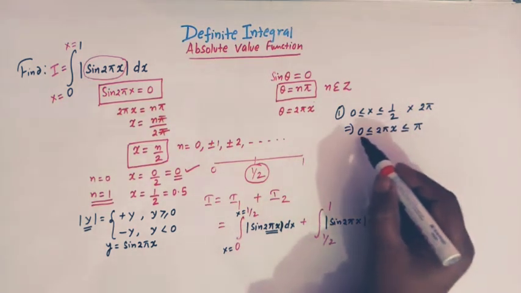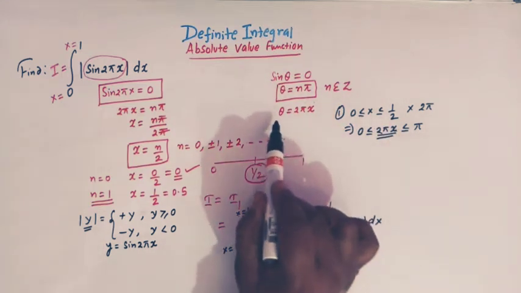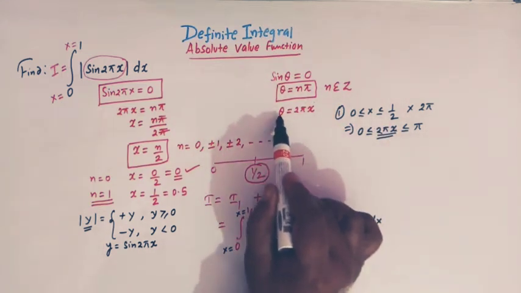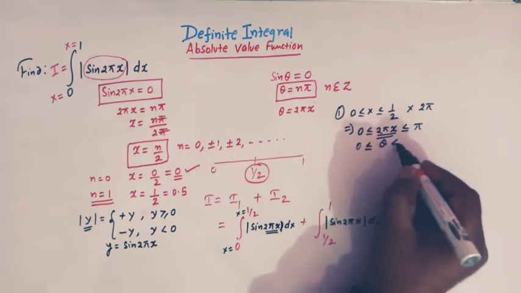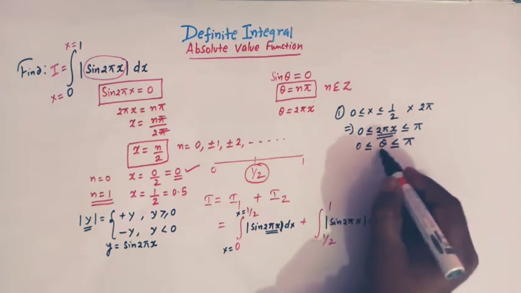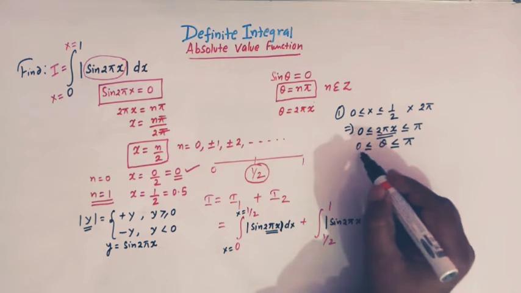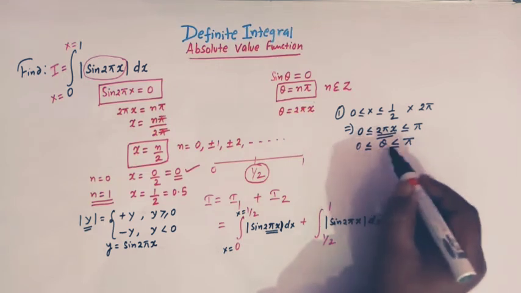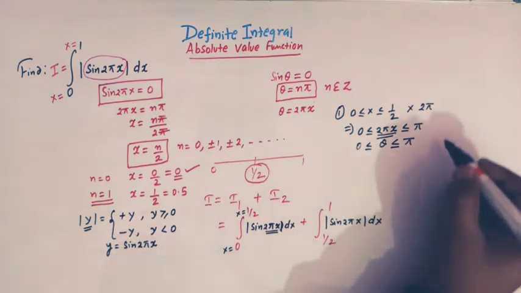So if we take 2 pi x as theta, then we see that theta lies between 0 and pi, and it shows that theta can be anywhere between the first quadrant and the second quadrant.